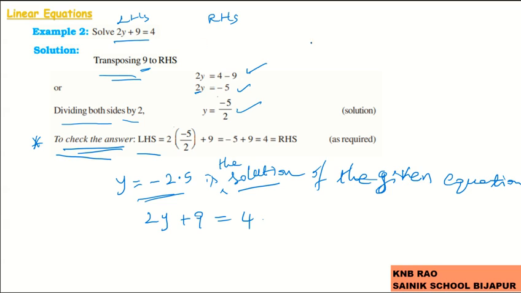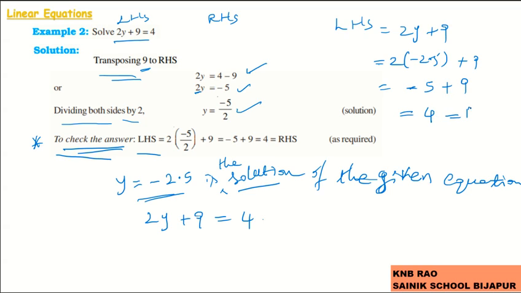If I substitute in the given equation, in the LHS here 2y plus 9, if I substitute minus 2.5, on simplifying it, you'll get the value of RHS. So the moment LHS is equal to RHS, we say that the given y equals to minus 2.5 is the right answer, or it is the solution.